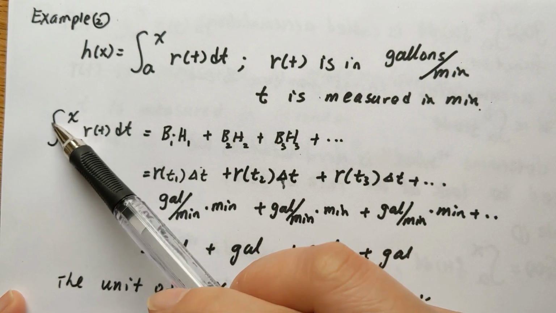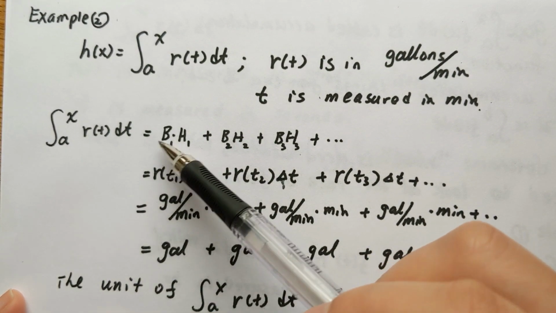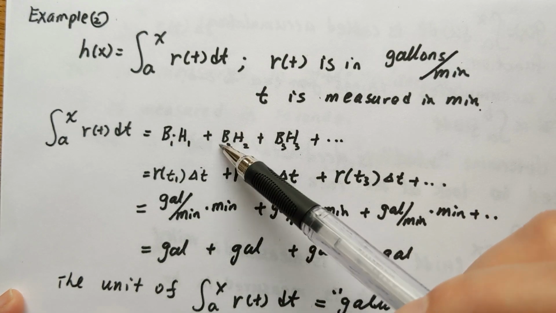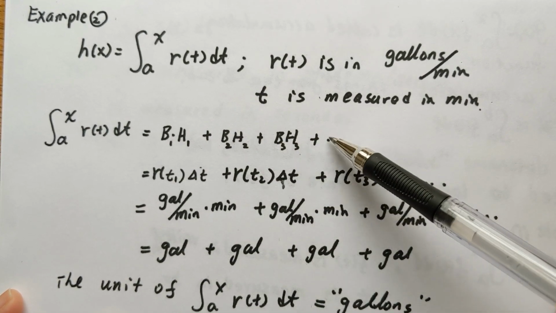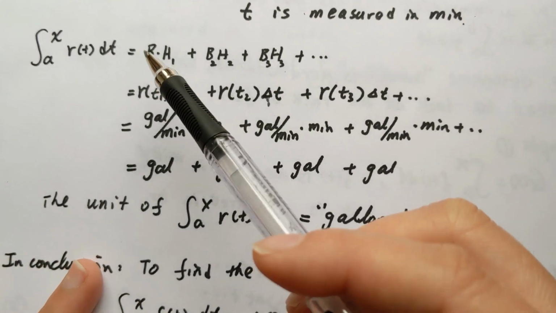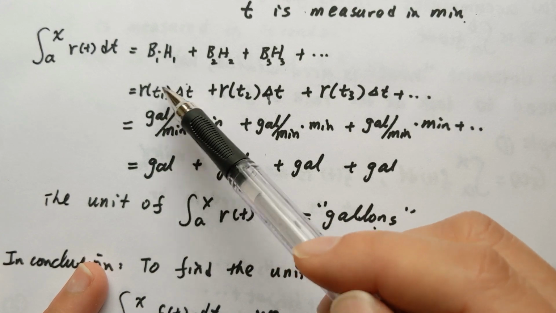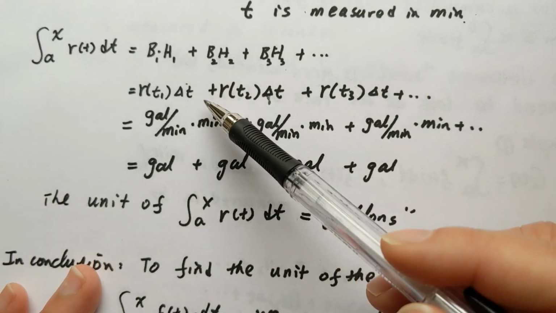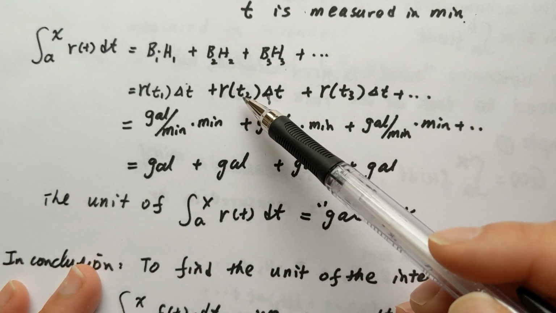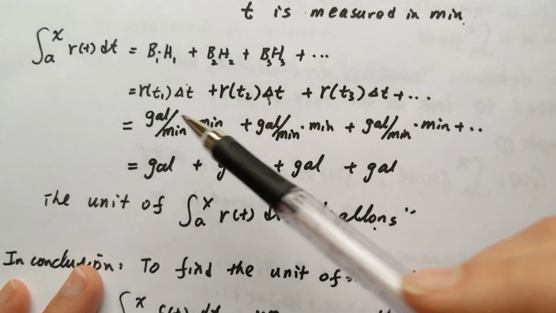And then we know that the integral of r of t dt equals base times height plus base times height plus base times height, and keep going. And now we know that the height is going to be r of t1 times delta t, plus r of t2 times delta t, plus r of t3 times delta t.